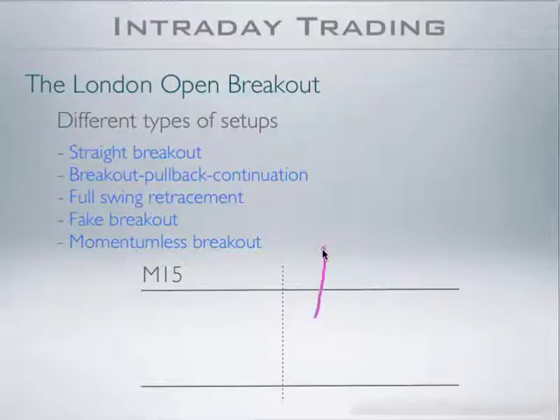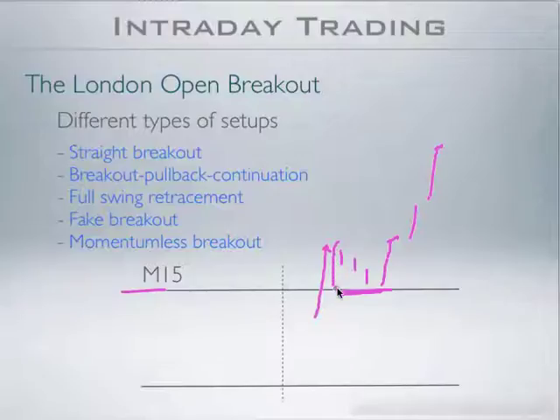Obviously the first breakout would be a green bar, then a little bit of a pullback, maybe 1 or 2 or 3 red bars retesting that breakout point, and from there you want to see another green bar.